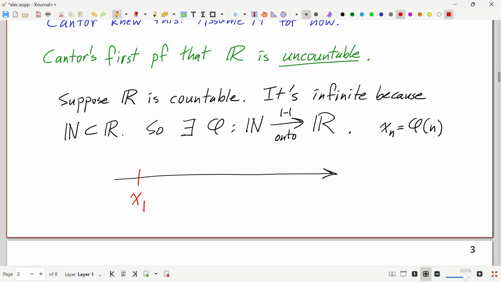Okay, and it's like Cantor's diagonal argument. I'm going to take an interval, B1, that doesn't contain x1. Okay, that's step one. That's going to be my I1.